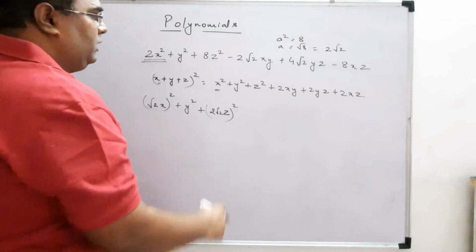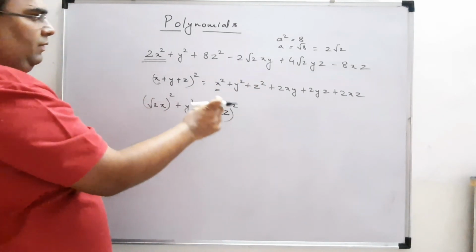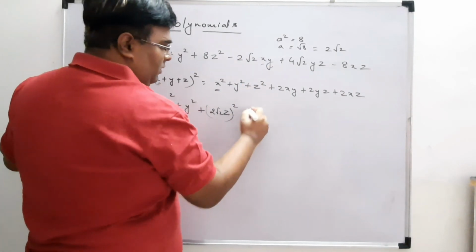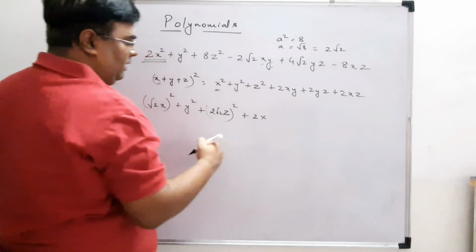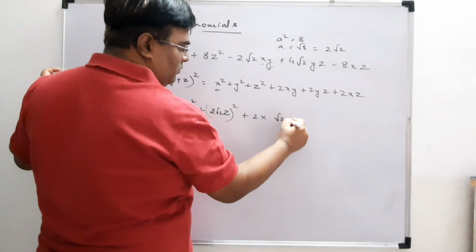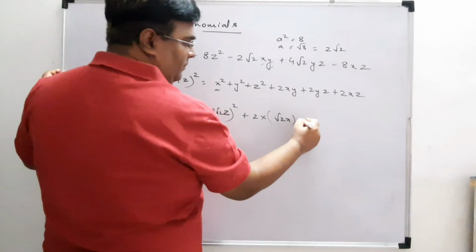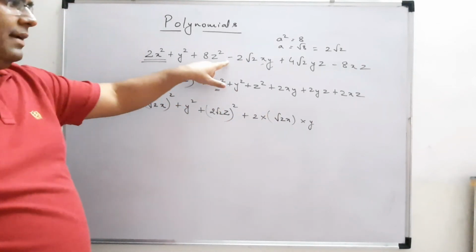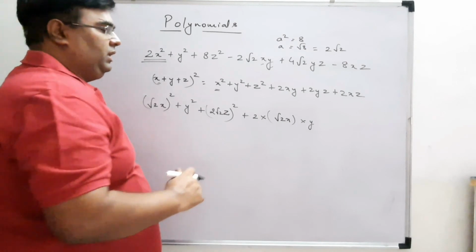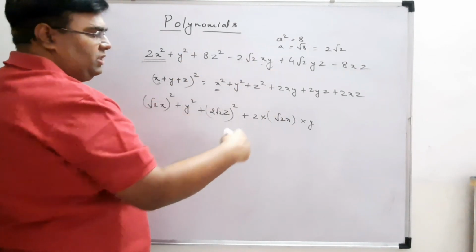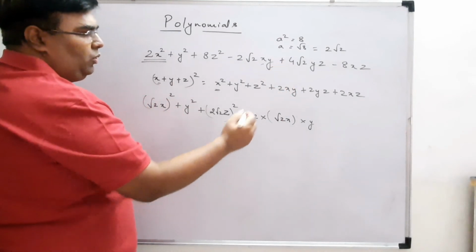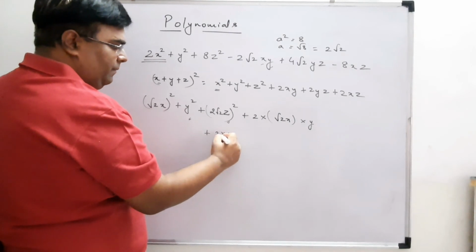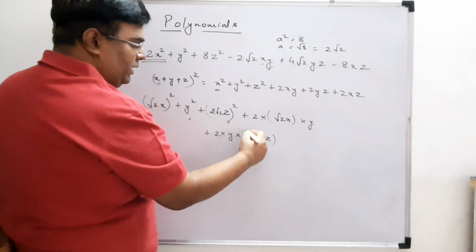Correct? Now let us find out. Since x and y are there, we will write x and y here only. But we know plus 2 multiplied by root 2x and y. We have taken x and y terms here, but the negative sign is there, so we will check that. Now let us write the next term and then we will check where the negative sign comes. 4 root 2, but y and z, so we can write plus 2 y times 2 root 2z.